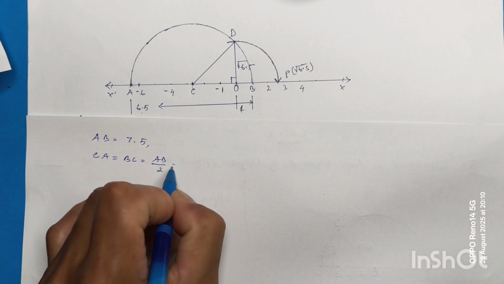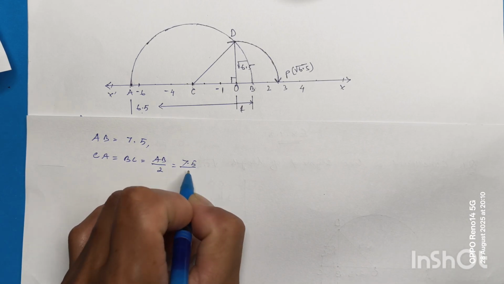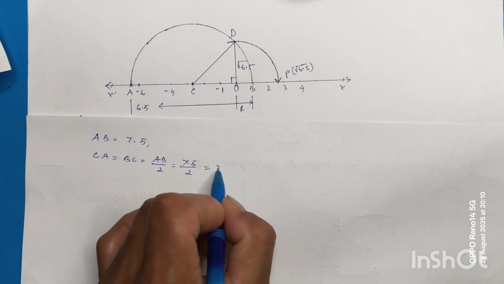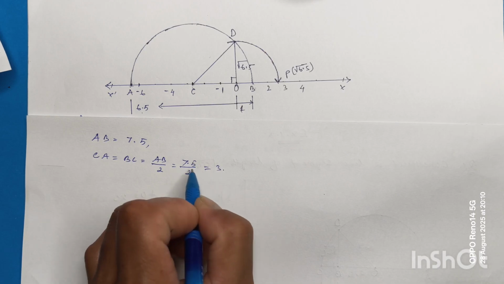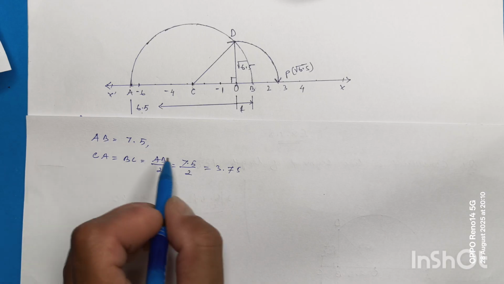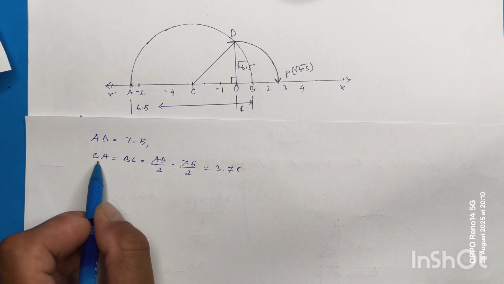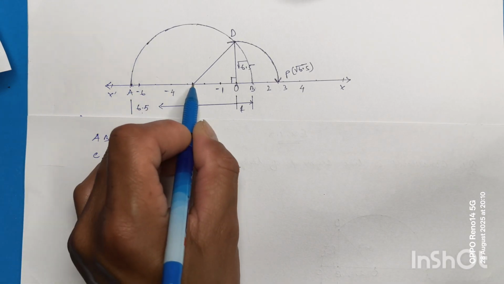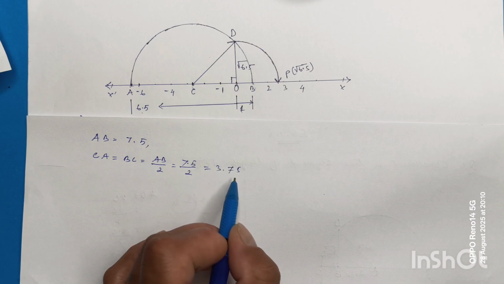AB is 7.5. 7.5 divided by 2: 2 threes are 6, here 1, 2 sevens are 14, 2 fives are 10. So AC, this value is 3.75.